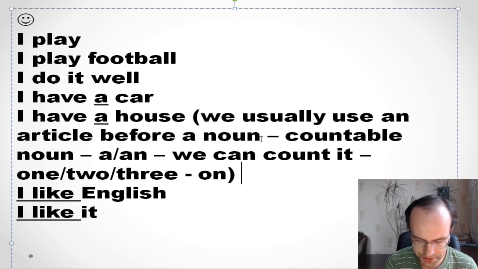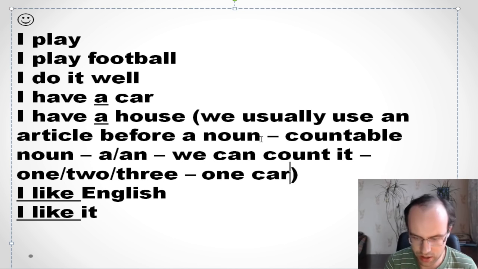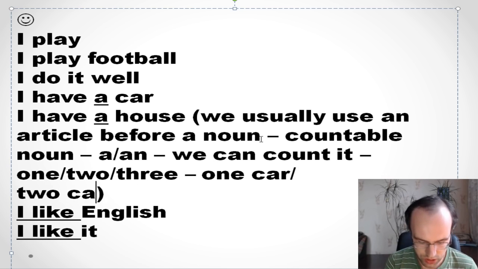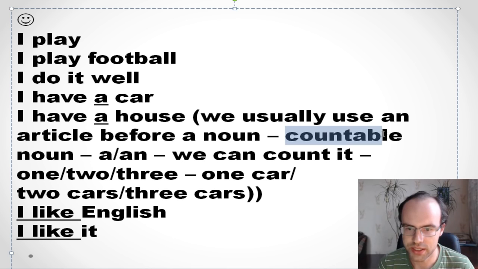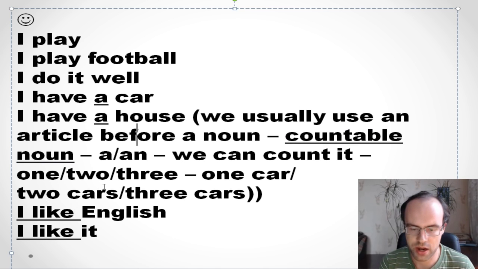So one car, 2 cars, 3 cars. So car is a countable noun and we use a or an. I have a car, I have a house.